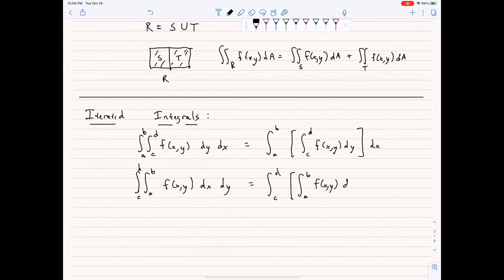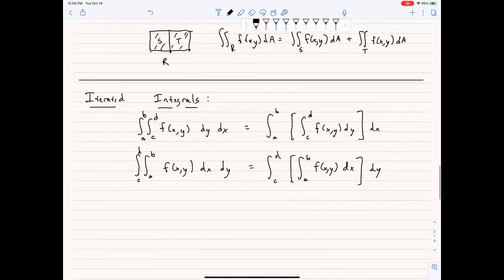Okay. So this is sort of an order of integration. Which order do you want to integrate in? X first and then Y, or Y first then X? It depends. But these by themselves are just formal things. They're just formal gadgets, or calculation techniques.